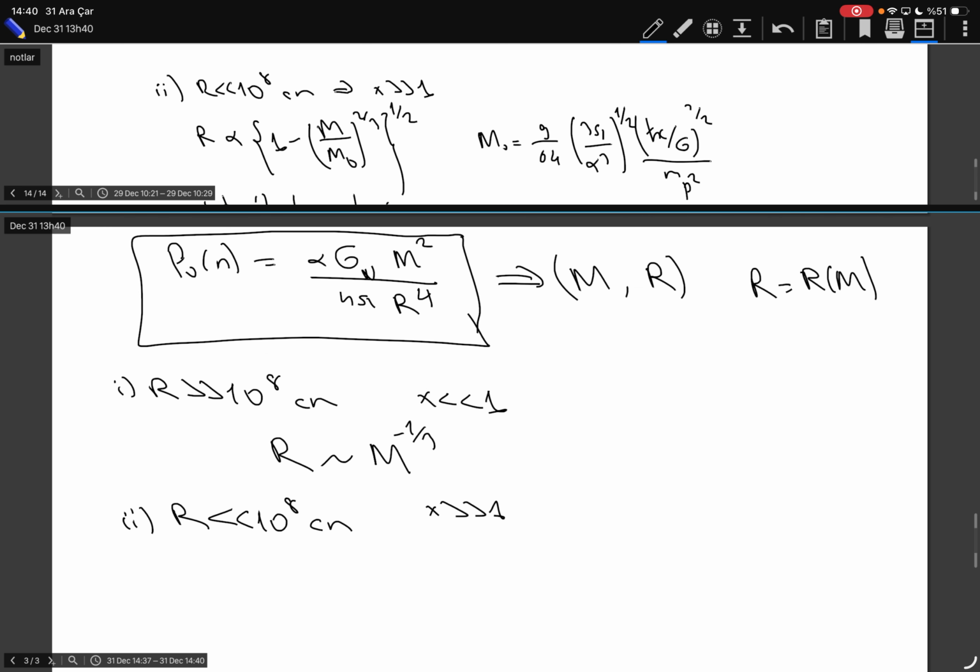You get a radius which is proportional to 1 minus m over m0, to the power 1 over 2, m0 given by some number. It's this number over here.